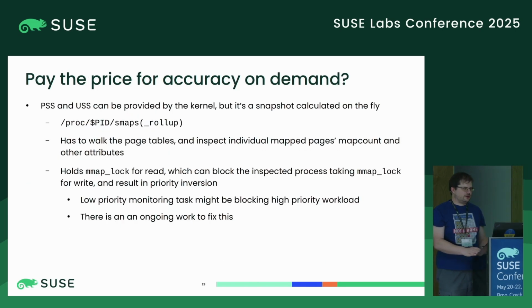So there's a way to get this better value by getting a snapshot that's calculated on the fly by accessing the /proc/pid/smaps or smaps_rollup file, which really does the job the hard way, like walks all the page tables and counts how many processes share each page, and calculates this value, but it's costly, so you have to pay that cost on demand.